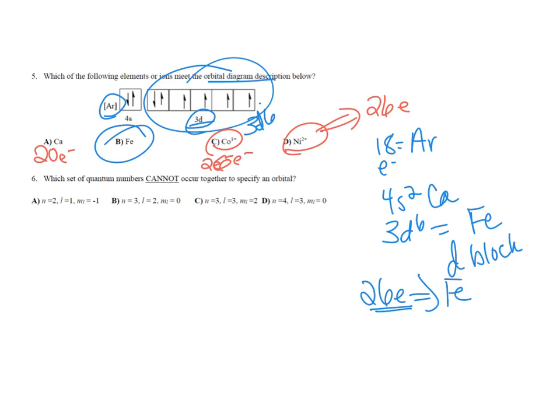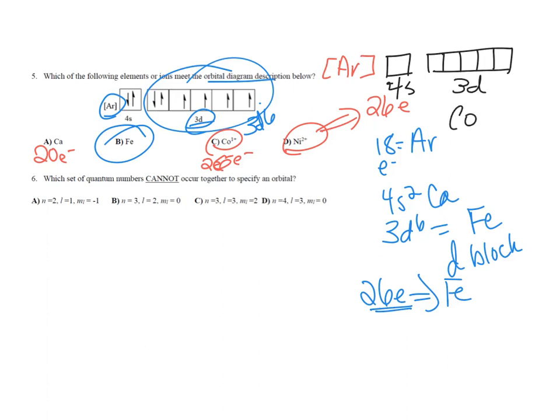Well, if you had cobalt and nickel, so let's do this here. 1, 2, 3, 4, 5 orbitals. This is 4s, this is 3d. So if you just did regular cobalt, cobalt has 27 electrons.